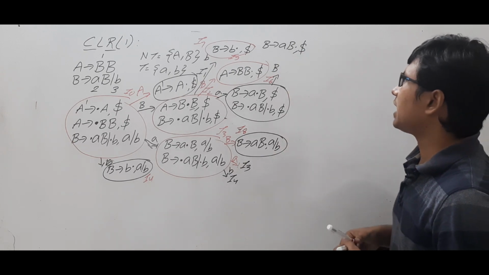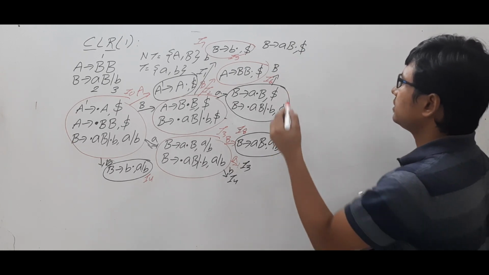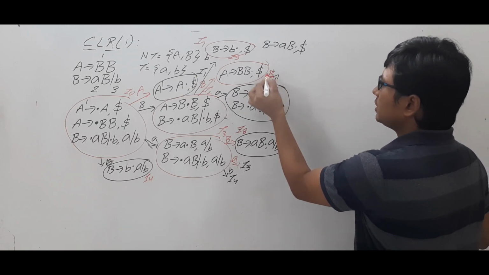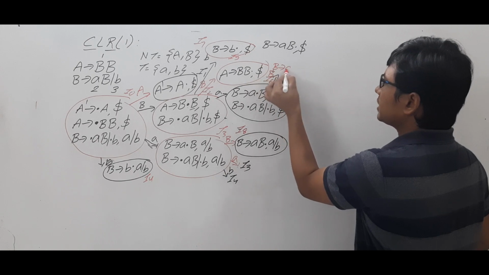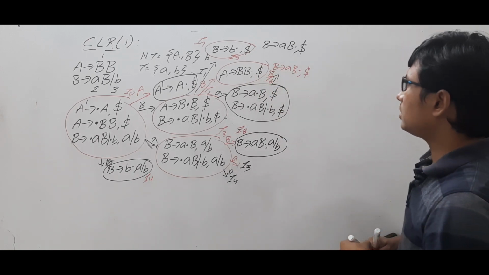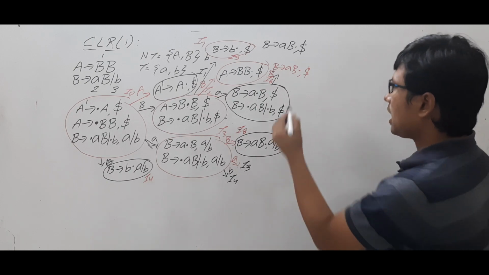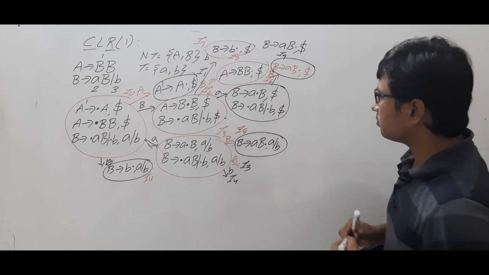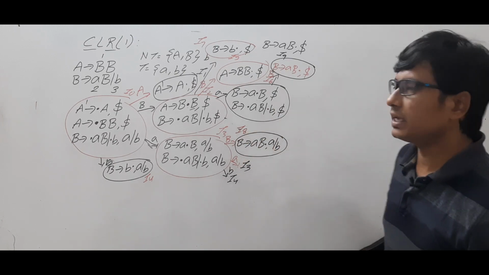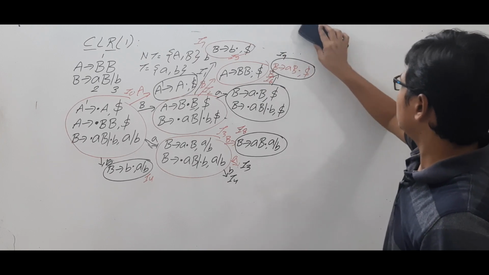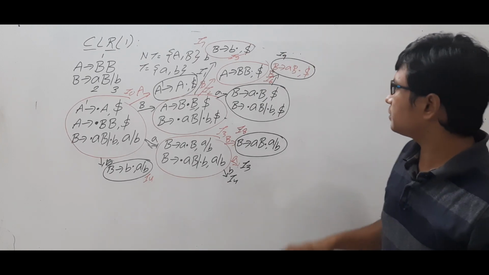So I should name it as, let me write here. On B, it was got B determines AB dot dollar. So I got an item called I9. Am I right or wrong? Because just now we used the item number as I8. So now I am using the item number as I9. Okay. Is it clear? Are you able to understand?